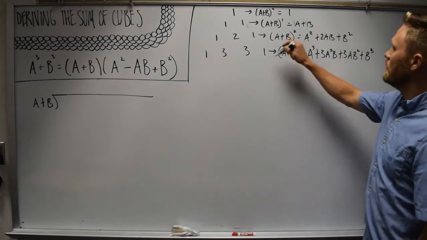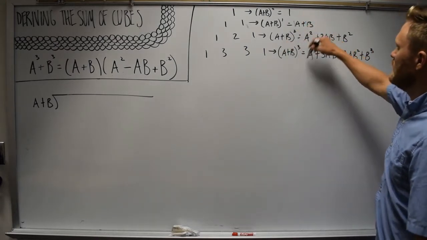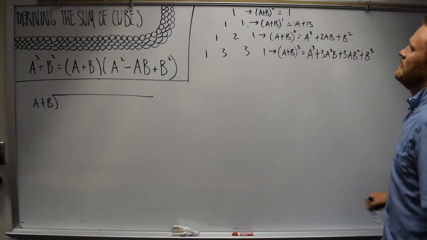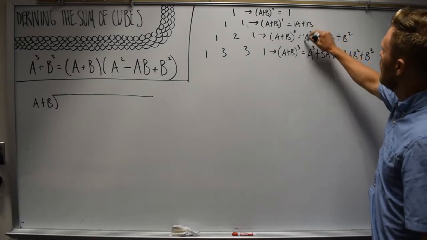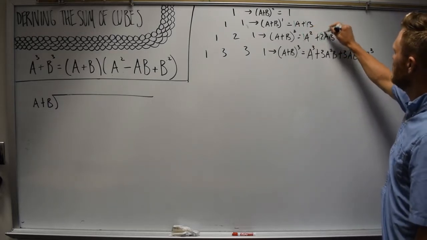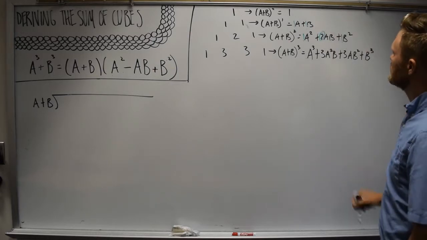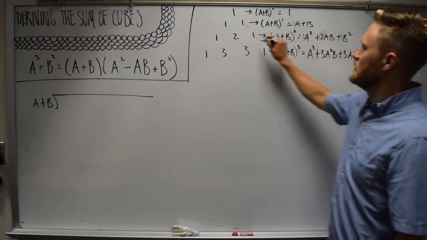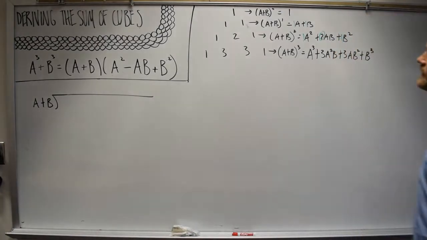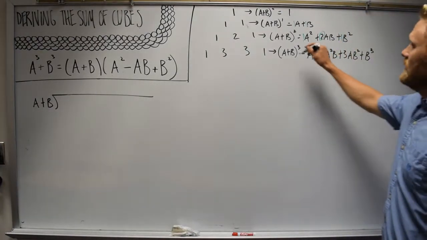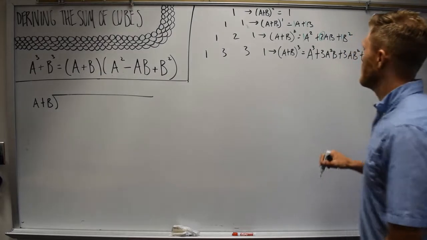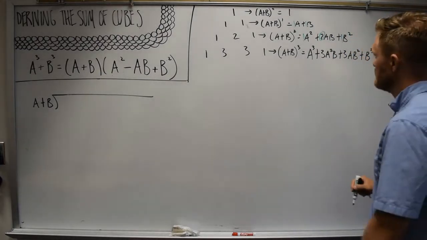In the third row, I have a plus b squared. You should know that when you multiply a plus b squared out, you get 1a squared plus 2ab plus 1b squared. These coefficients are the same numbers in that row of Pascal's triangle. And then I went up to the third power because that's what we're going to use in our derivation.